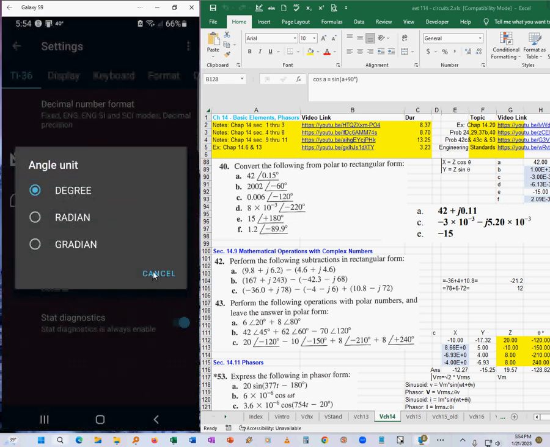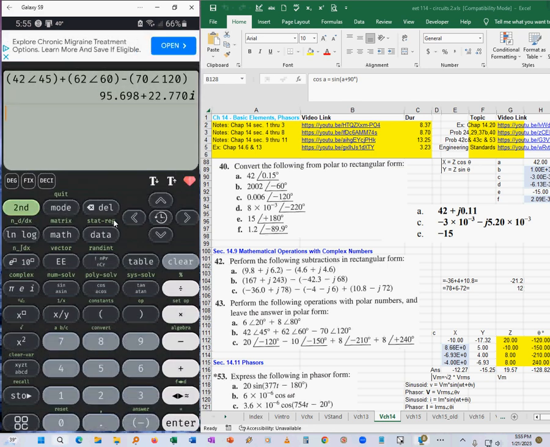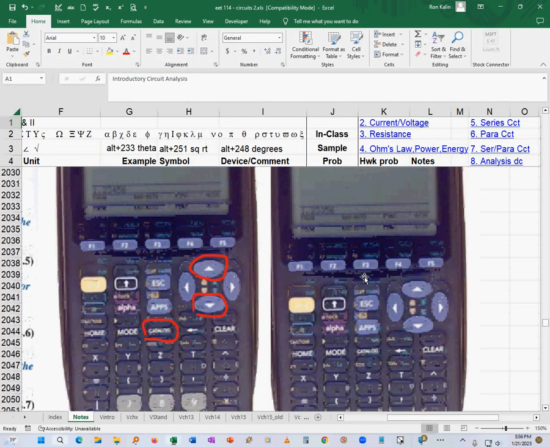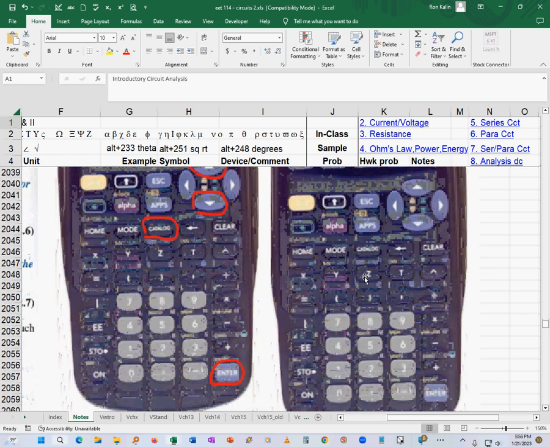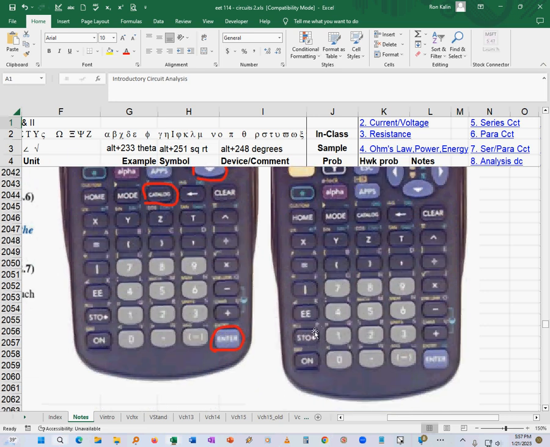On the TI-89, I don't have a picture of it, but actually I do. Hold on. Okay, this is a picture of a TI-89, which is what I use. There is an I character right here. It's kind of hard to see, but you hit the second button, the yellow button, and then the catalog button to give you the I. Here's the EE button for powers of 10, and here's the angle button.